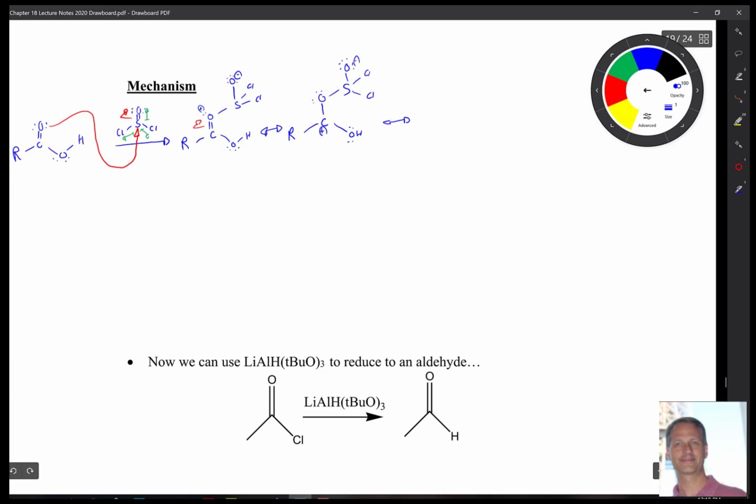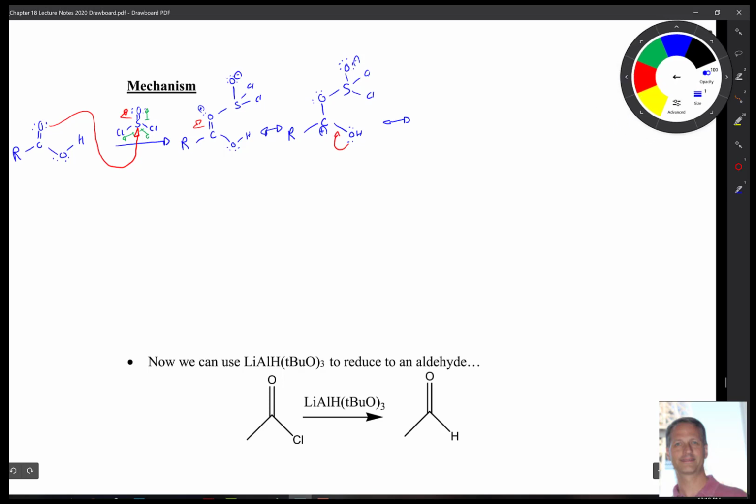Right, and then the last resonance structure there would take the electrons from the OH to make a double bond here. So that'll give us our R group, our carbon, our O minus up here, our chlorines, and then double bond H like this.